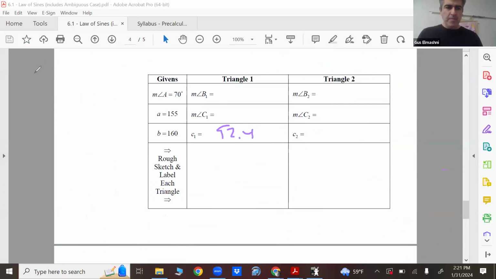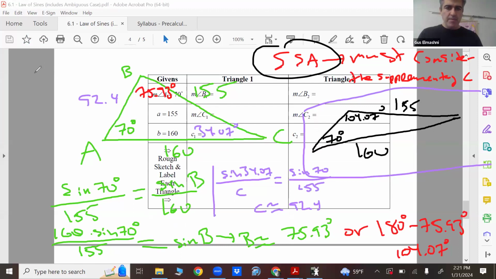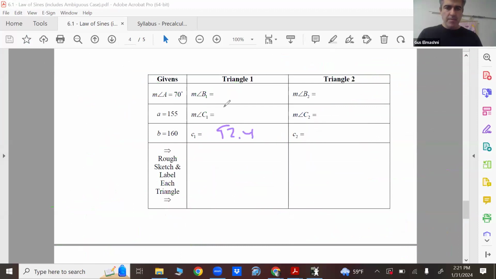What was that angle again? 34.07. And what was the other angle again? 75. Thank you. And this was 104.07. Then you have to figure out what that one's going to be. That's going to be 5.93 degrees.